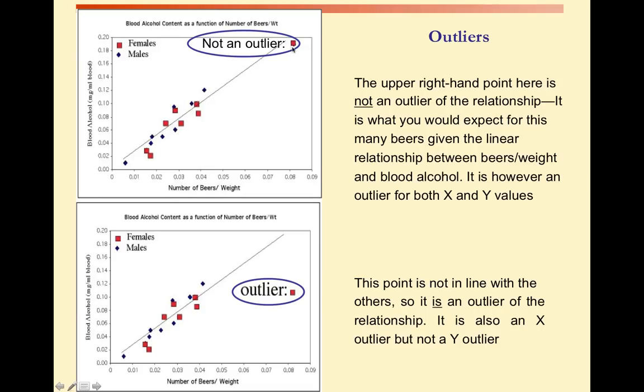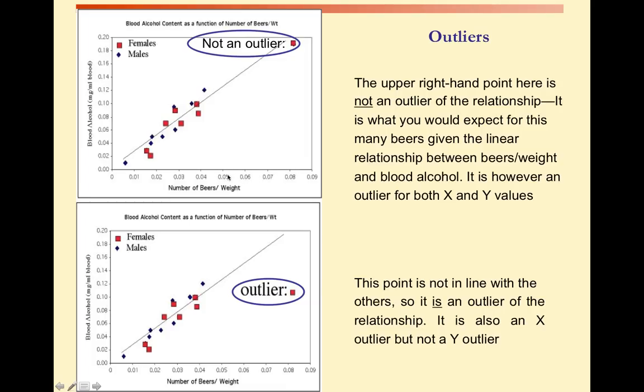In this case, I have a large number of beers, and I would expect a high level of blood alcohol content. So even though it's far away from these data points here, it's in alignment with what I would expect for this bivariate data. So in other words, this would not be considered an outlier, even though it does seem to be sticking out apart from the rest as a point on the graph. It's just merely that I don't have any data collected in this region here.